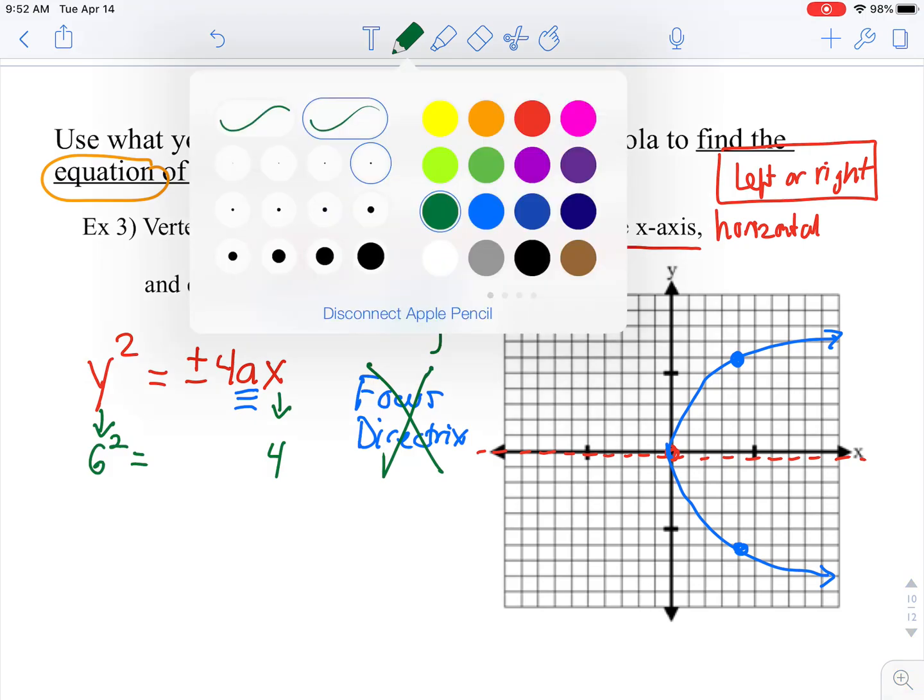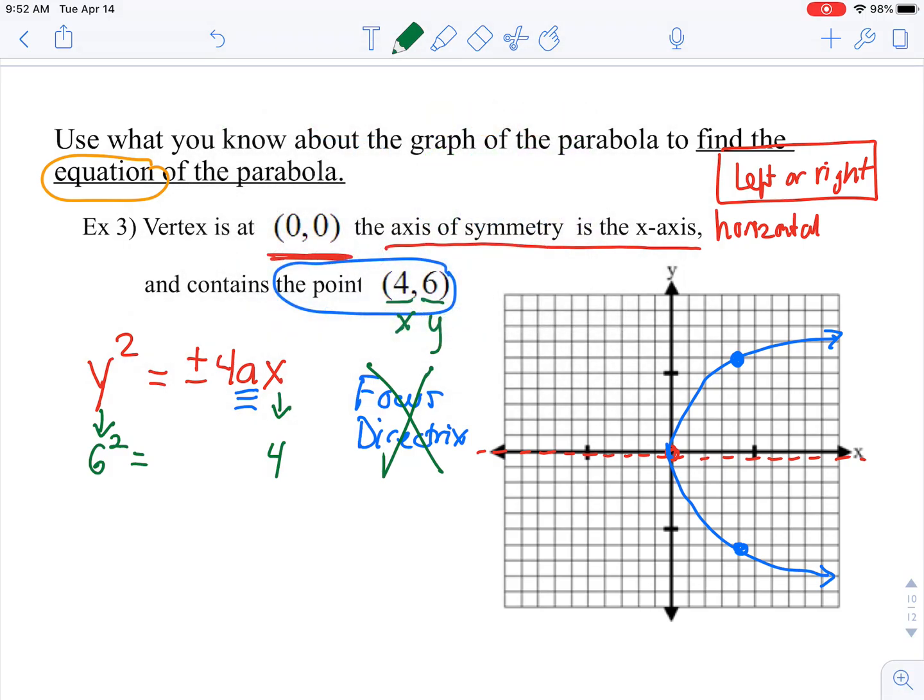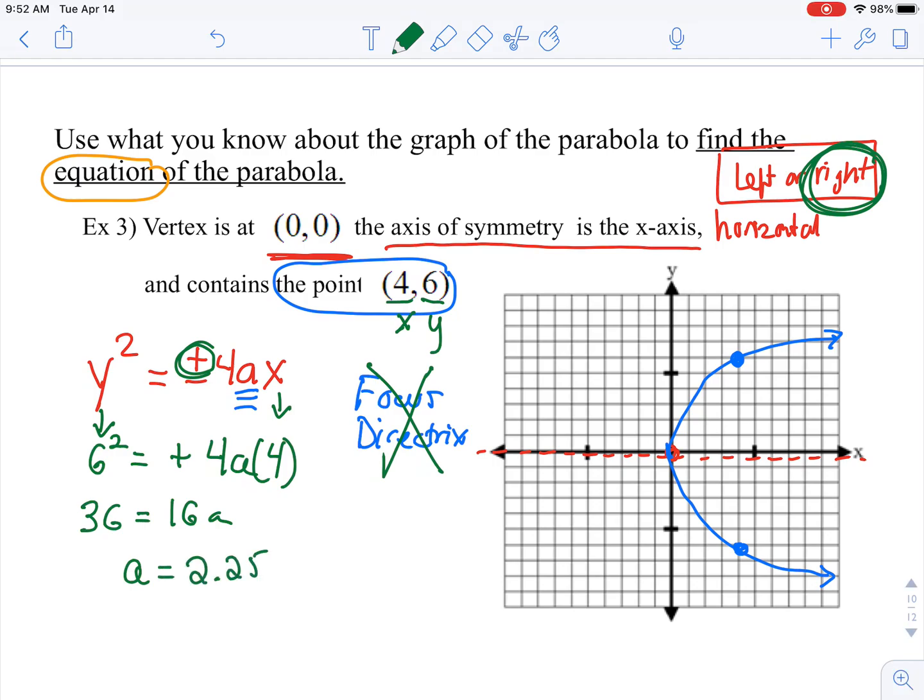Now, one thing that we didn't say a second ago that I want to add in: we're going to solve for A. Because we know that this equation opens to the right, we know that it has to be a positive here. So if I solve this equation, 36 equals 16A, my A value is 2.25.